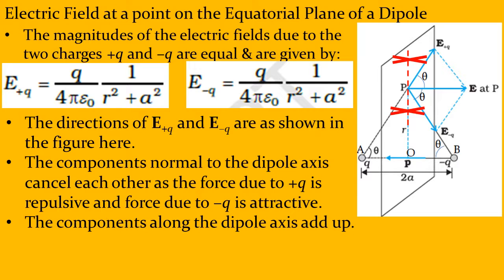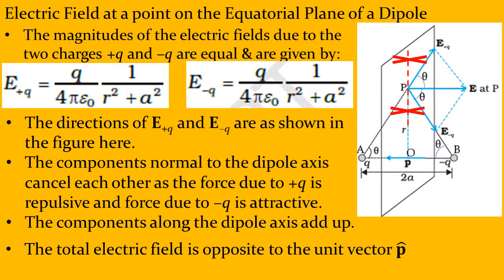Now the components which were to the right side in the direction PE, both due to Q and minus Q, being in the same direction, they add up. You will also see that the resultant electric field in the direction of PE is in the opposite direction of the dipole.